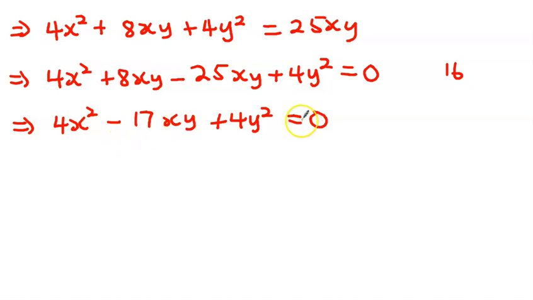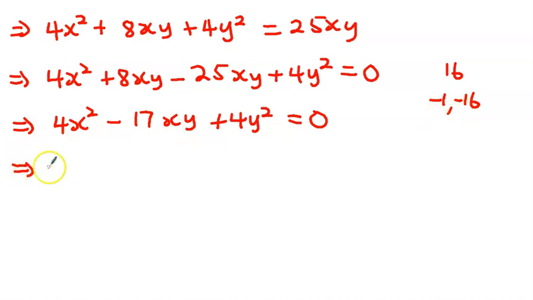So looking through the factors, we realize that minus 1 and minus 16 will do. Minus 1 times minus 16 is positive 16, and minus 1 plus minus 16 will give us minus 17. So we are going to break this middle term into these factors.